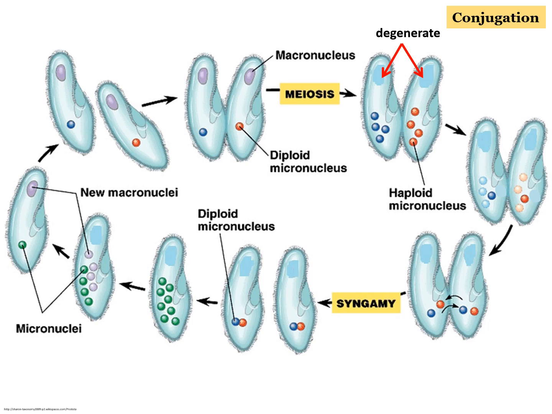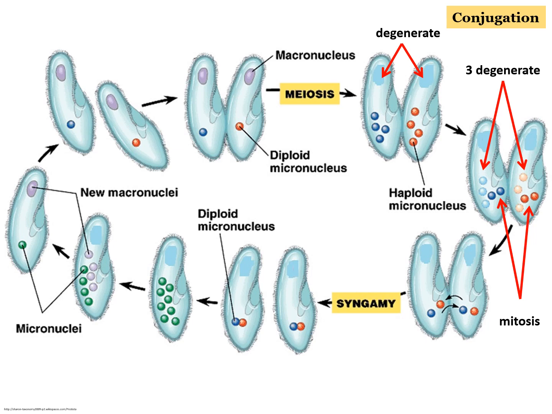From the 4 haploid micronuclei, 3 will degenerate, leaving only one haploid micronucleus. So remember, this is in each of the conjugants. Next, the haploid micronucleus will undergo mitosis, producing another exact copy of it.